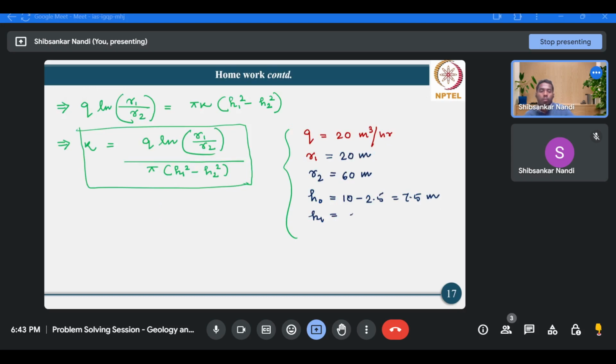So H1 would be H0 minus D1, and similarly H2 would be H0 minus D2. So H0 is 7.5, D1 is 1.5, so that means this is 6 meter, and for test well 2, it's 7.5 minus 0.5, that is 7 meter. Okay.